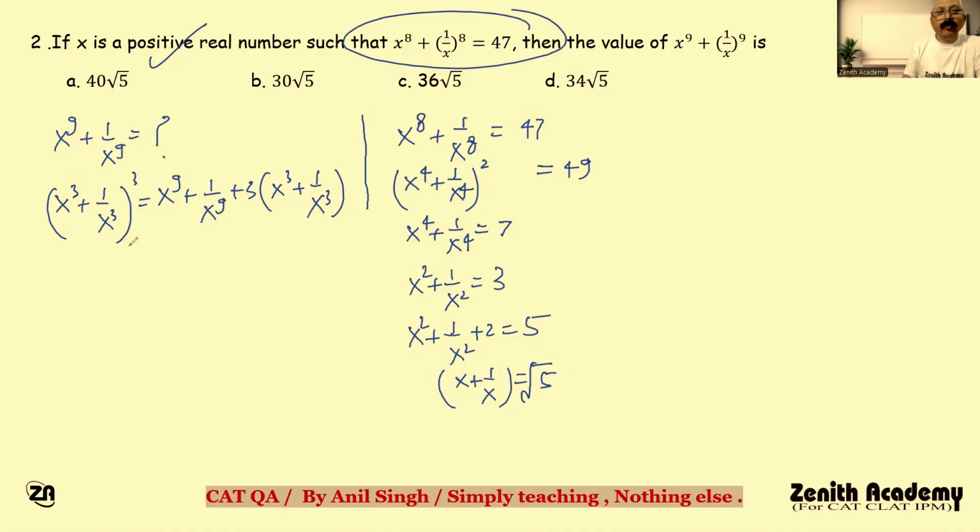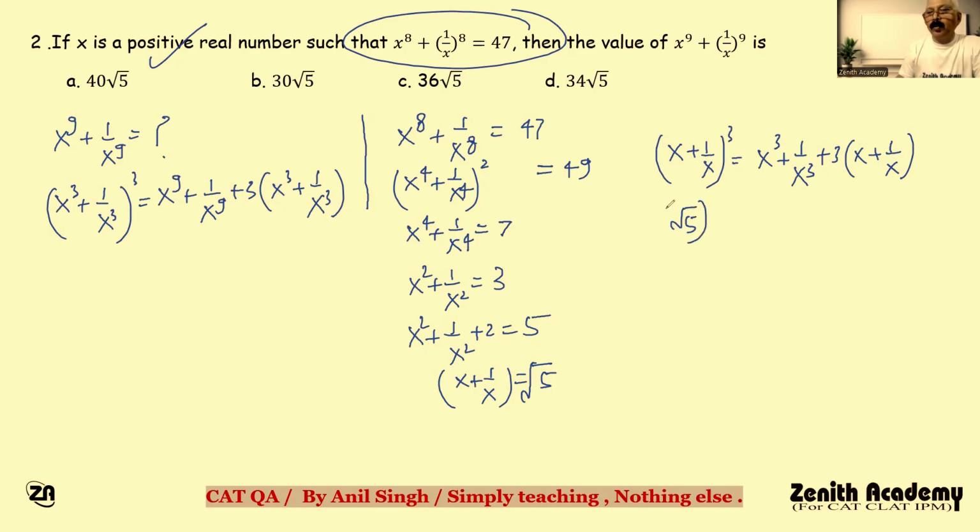And now we can find the value of x cube plus 1 upon x cube by using the formula (x plus 1 upon x) whole cube, which is x cube plus 1 upon x cube plus 3 (x plus 1 upon x). And here we have the value of x plus 1 upon x, so this is root 5 whole cube plus 3 root 5.